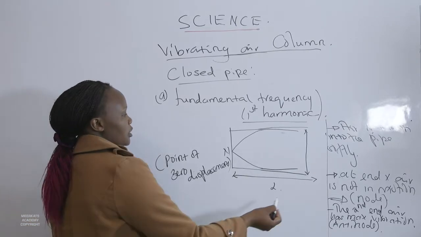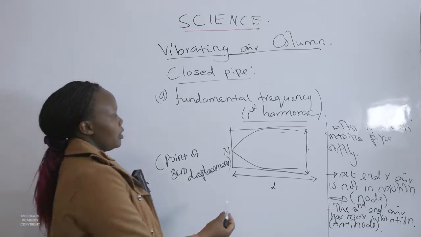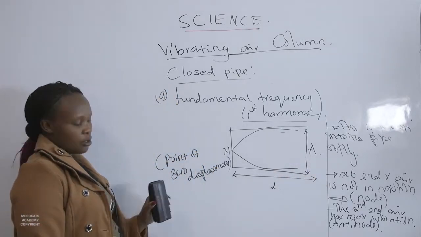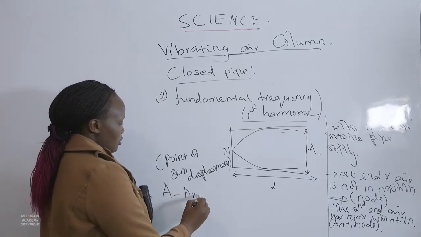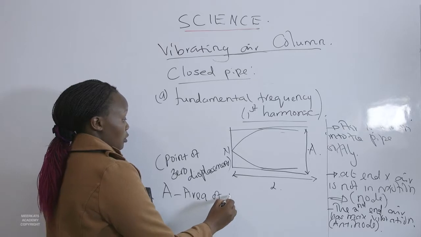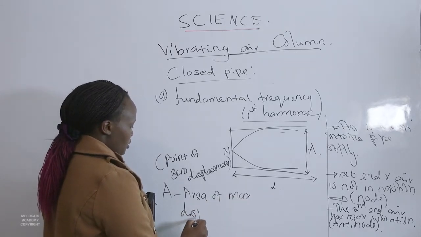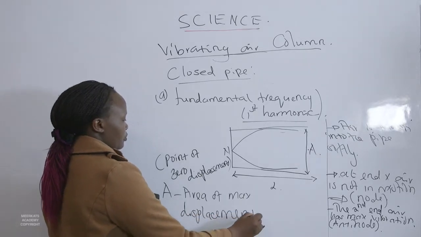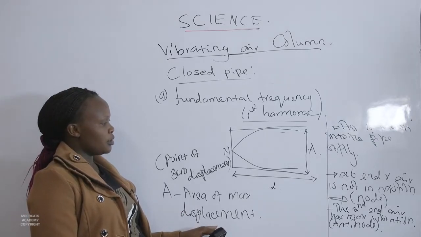On the far end, we have maximum displacement of air, and that is why we call it an antinode. That is the area of maximum displacement.